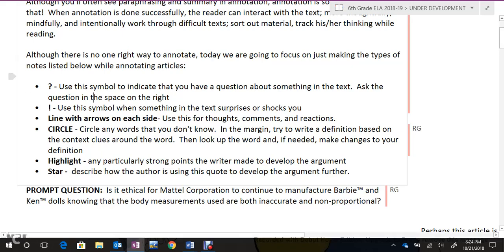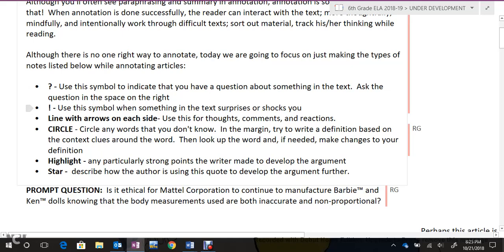The question mark is something that you'll use to write down a question that you have as you go. You'll annotate from the beginning to the end. It's not something you skip around and do. You go through piece by piece and annotate to the side and add to it as it goes on.